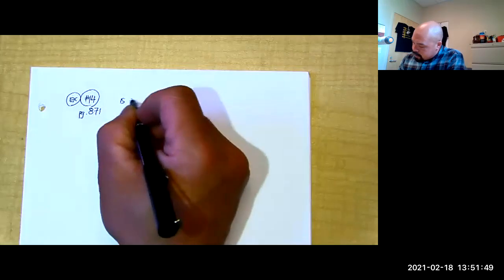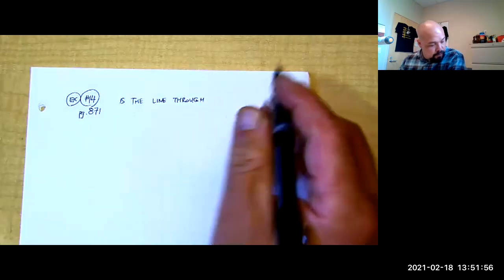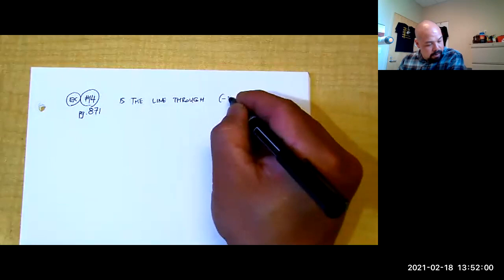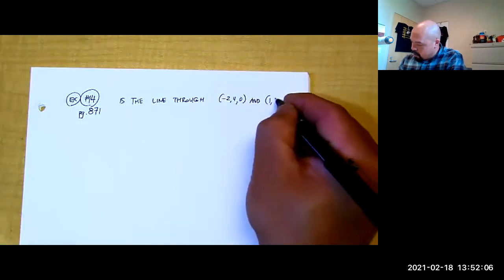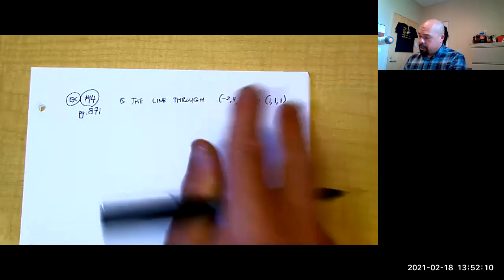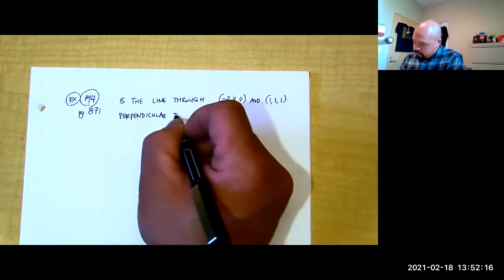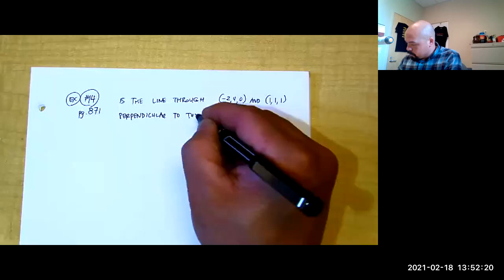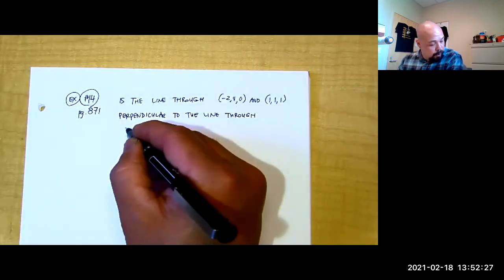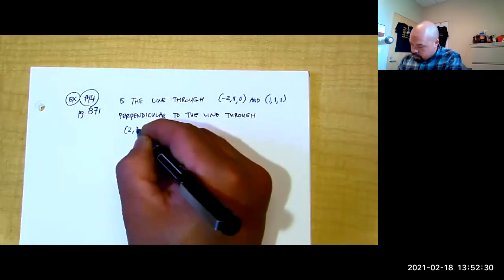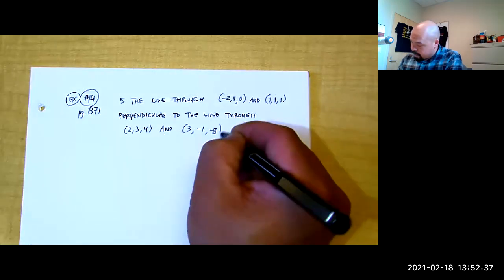And in this case, is the line through negative 2, 4, 0, and this point, 1, 1, 1, so the line connecting or passing through those 2 points, perpendicular to the line through these points: 2, 3, 4, and 3, negative 1, negative 8?